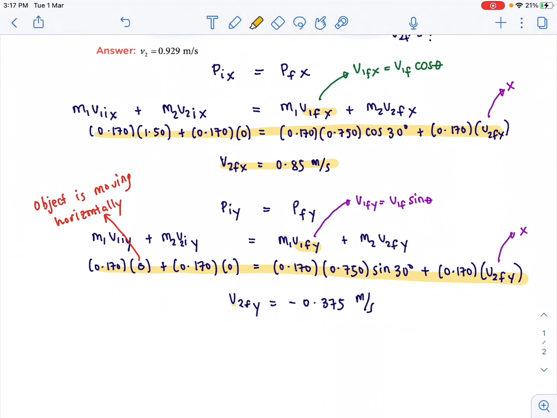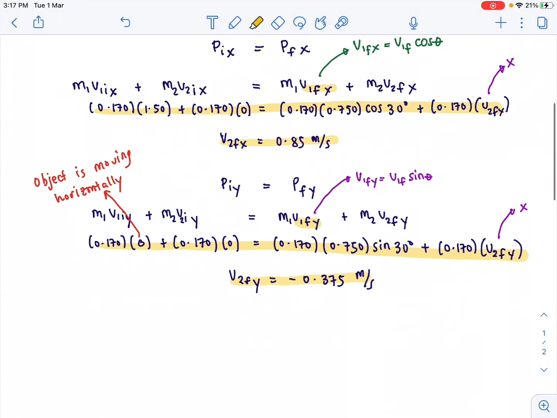So now we have V2Fx, and we also have V2Fy, the components of the final velocity of the second object. To solve for the final velocity of the second object, we just have to use the magnitude formula of a vector.